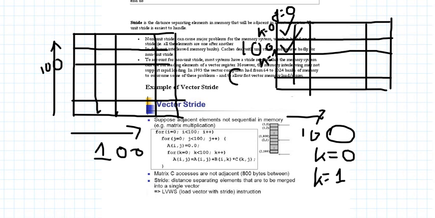So, although in your calculation you are using this c variable in back-to-back iterations, in memory these two elements are 100 locations apart because the number of columns in your matrix is 100, right?